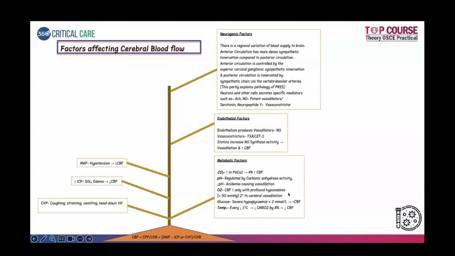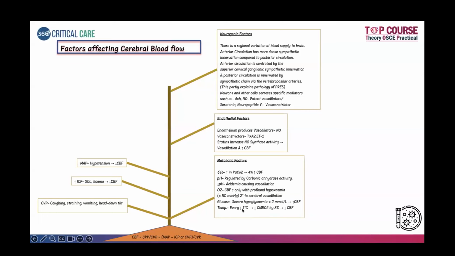Oxygen: cerebral blood flow only increases when there is a significant hypoxemia. Because of autoregulation, there is a wide range of PaO2 where the cerebral blood flow is not affected by the change in PaO2. But if the PaO2 in the brain is less than 50, it can cause cerebral vasodilatation. So this is another metabolic factor. Glucose: severe hypoglycemia can cause vasodilatation, thereby increasing cerebral blood flow.